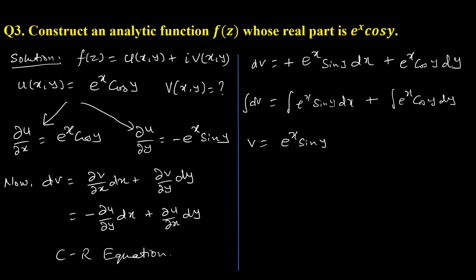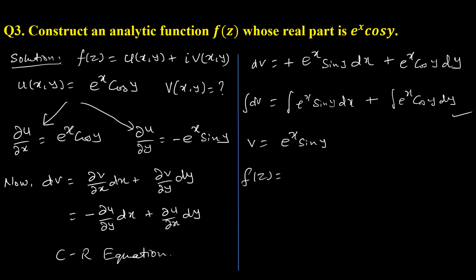So we can put 0 there, and we have v equals e to the power x sin y. If we integrate with respect to y, again it is e to the power x sin y. So both ways we get the same result. The term containing x will be ignored here, so v is equal to e to the power x sin y.